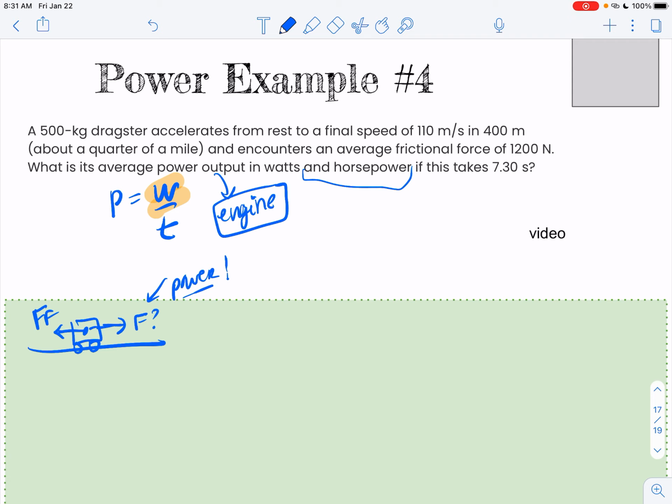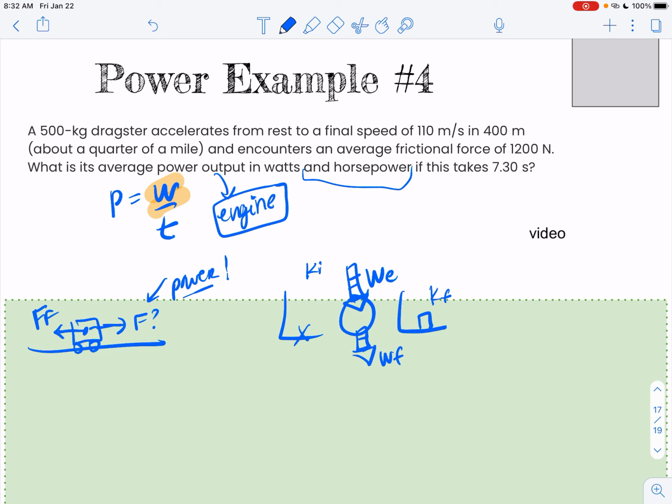If I think about my conservation of energy, initially I have no kinetic energy. Work is going to be done by the engine, and work is also going to be done by friction, because those two things are kind of fighting each other. Then I'll be left with some kinetic energy.